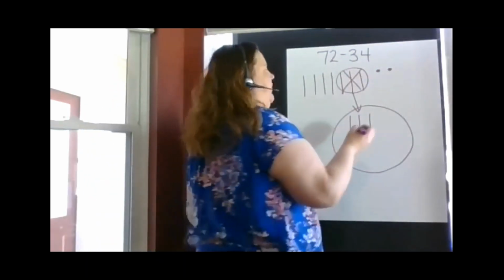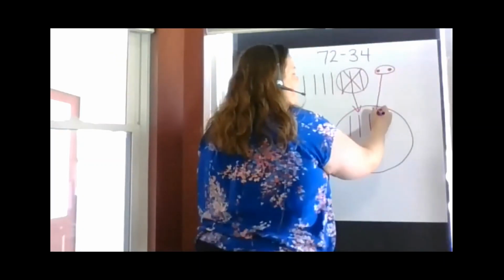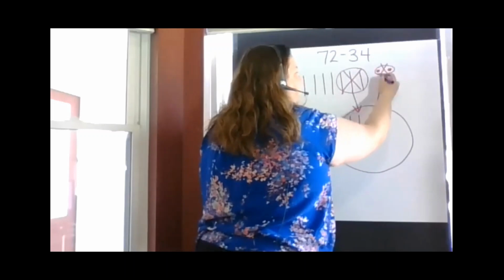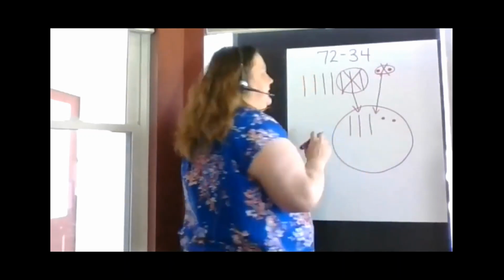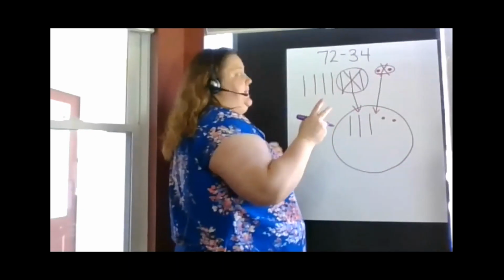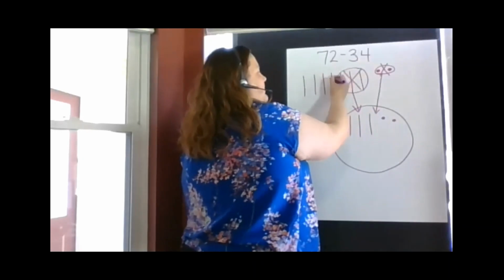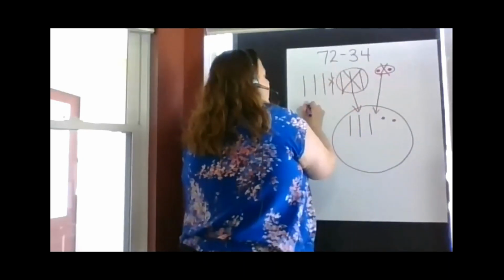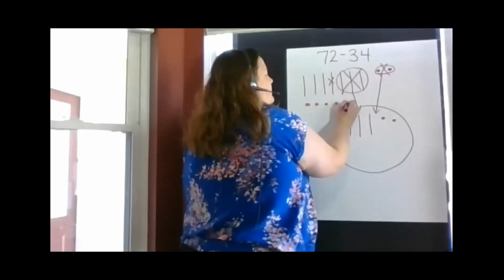I need to take away 4. So these two blocks here are going to come down here. So I'm going to remove them from here. But I still need 2 more because I've only taken away 2 and I needed to take away 4. So I'm going to trade in one of these 10s. So this 10 now becomes 10 unit cubes.